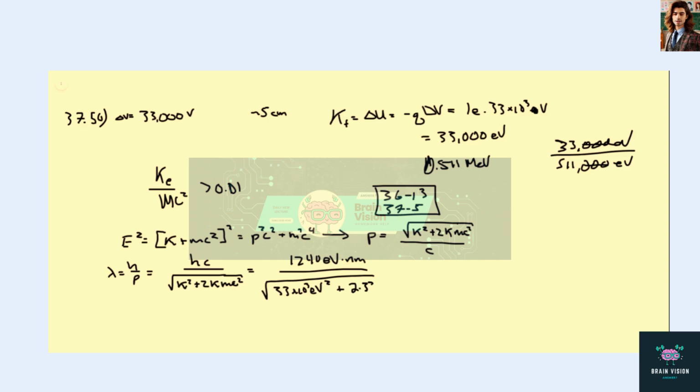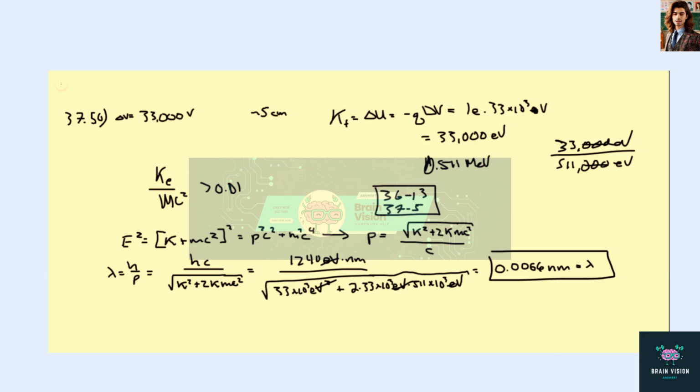Plus 2 times 33 times 10 to the 3 electron volts times MC squared, which is the rest energy of our electron, 511 times 10 to the 3 electron volts. Okay, so we should have everything in electron volts squared on the bottom, and then square rooted to electron volts, and these cancel, leaving us our answer in nanometers. So we plug everything in our calculator, and this comes out to about 0.0066 nanometers is our de Broglie wavelength.